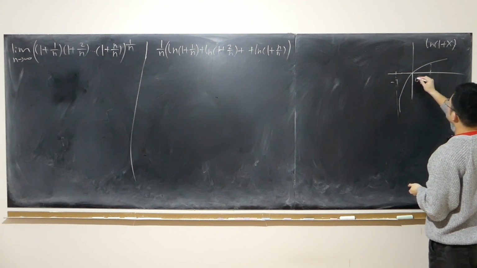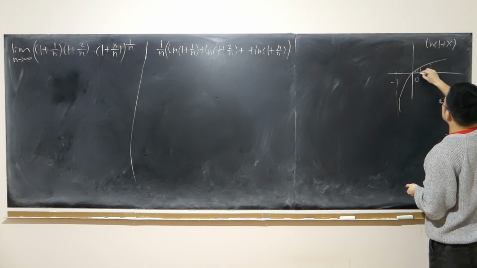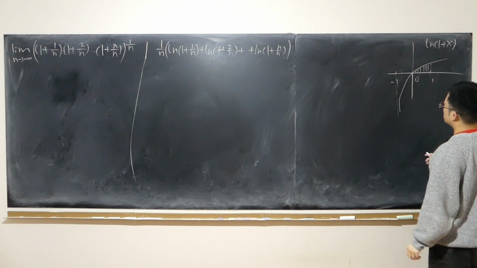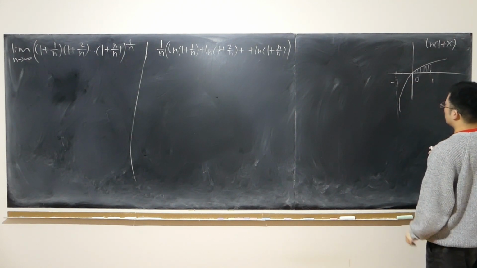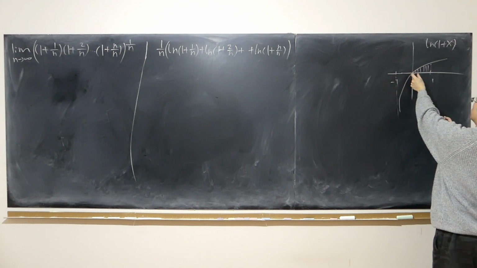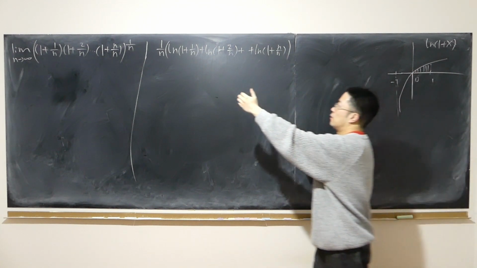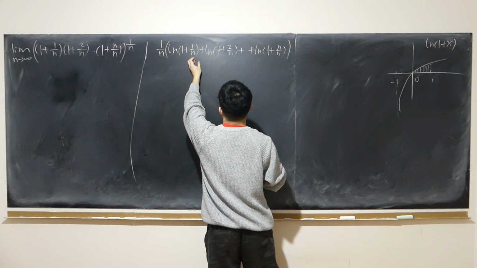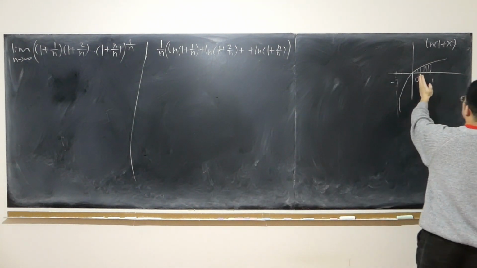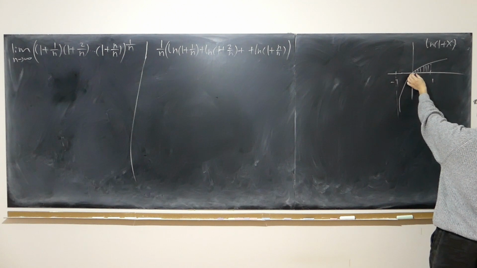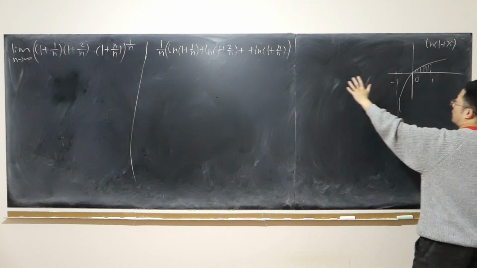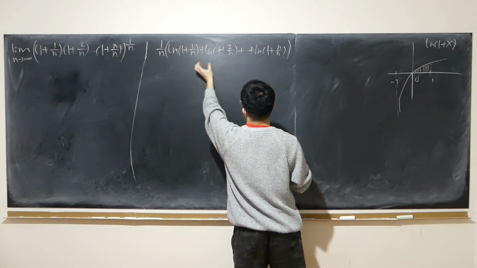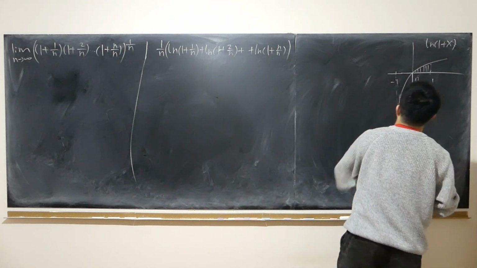If we divide this 0 to 1 interval into n equal parts, the width of each small interval is exactly 1 over n, and the function is evaluated at the right edge of each small interval. That's why we have 1 over n, 2 over n, that's the right edge.